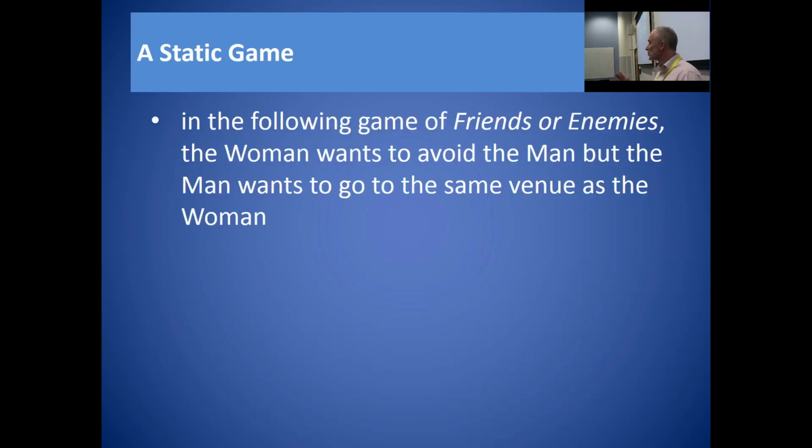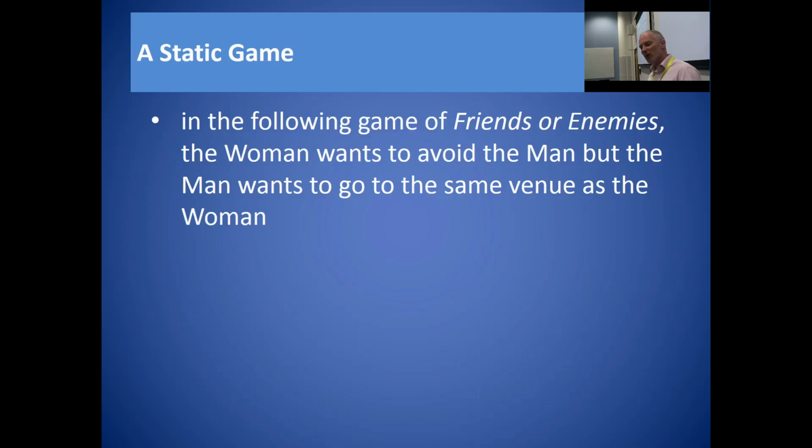Now, to start off, to introduce you to the basic principles, the basic ideas, I'll make it nice and easy, and we'll start off with a static game. Remember, static games are games where players move at the same time. So in this static game, it's a refinement upon a battle of the sexes, or a game where a man and a woman are choosing where they want to go for the evening.